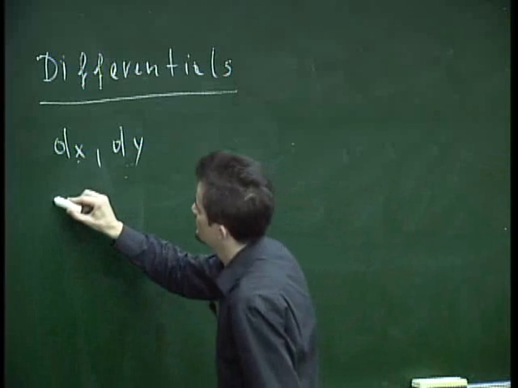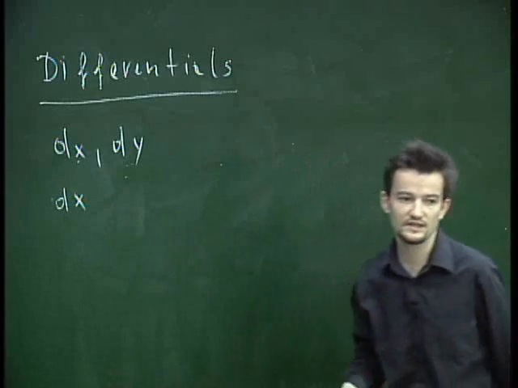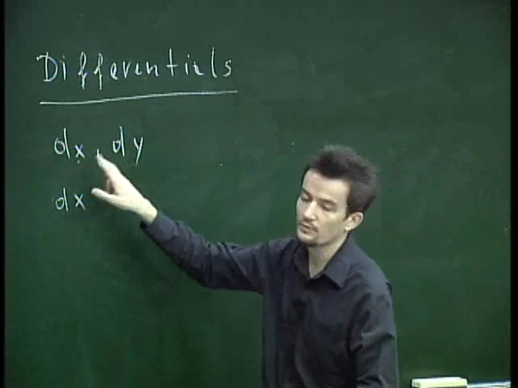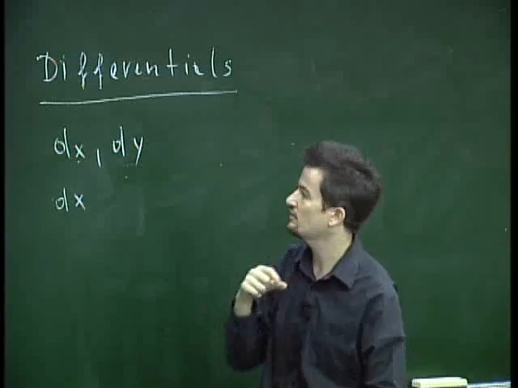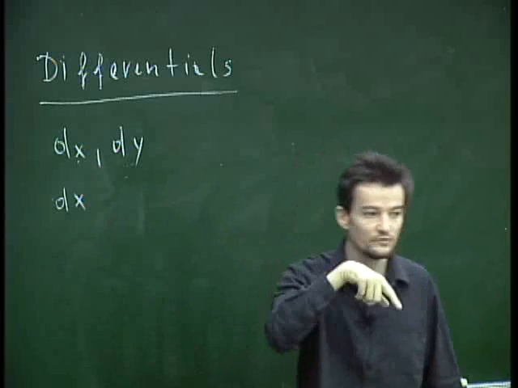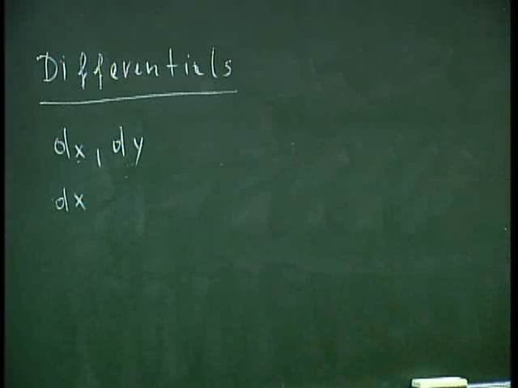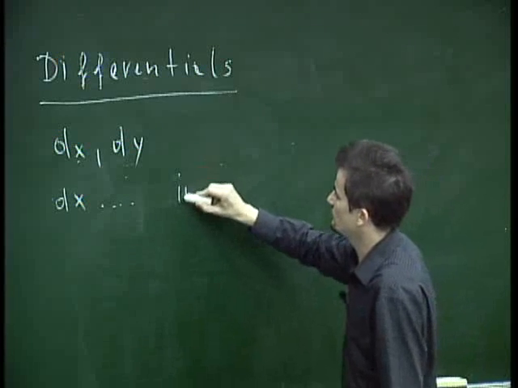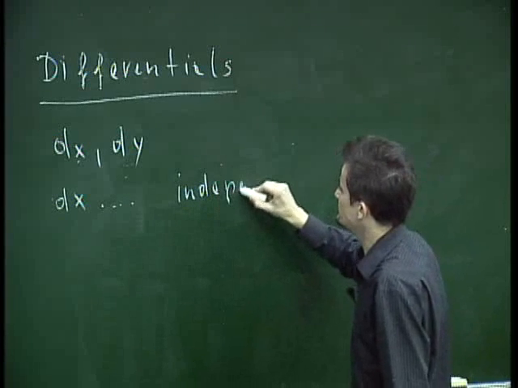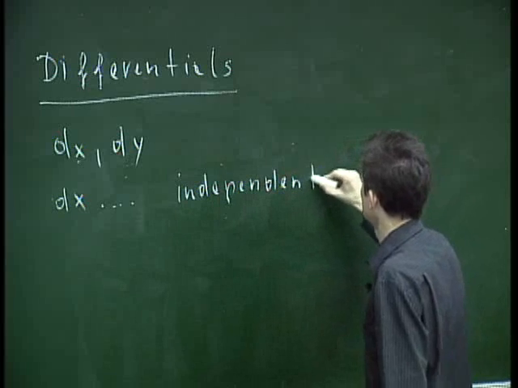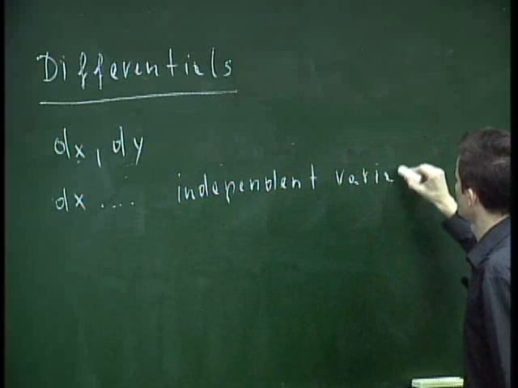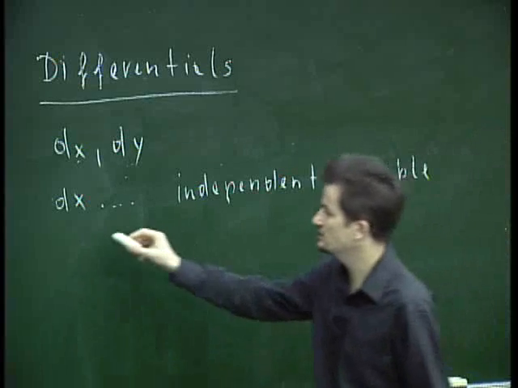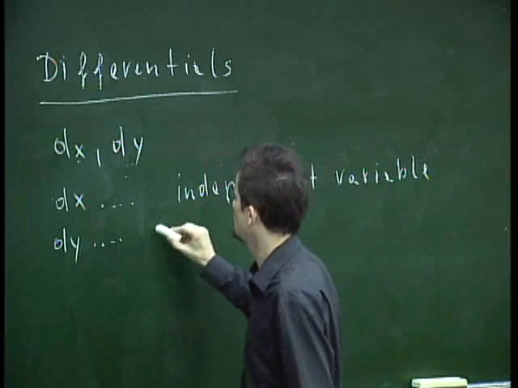Okay, now this is something you might have seen in physics already quite a lot, that they talk about these two quantities, okay? Up to now, we only considered the whole symbol dy over dx. Now, what is dx? So dx, we look at it as an independent variable, and dy, we look at it as a dependent variable.